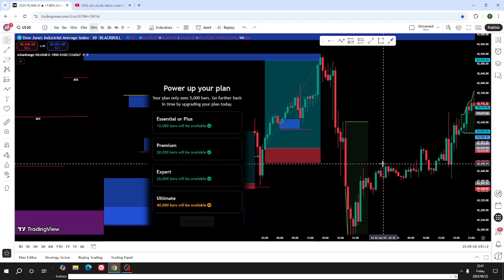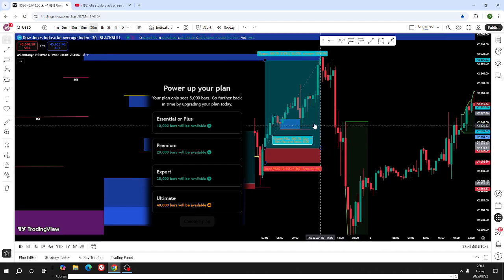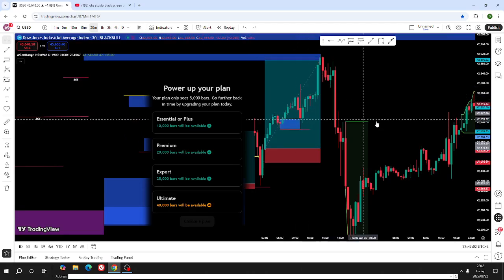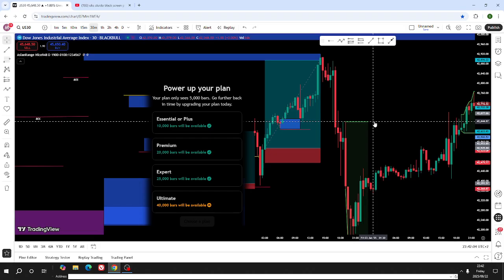And then we also saw this candlestick which was a doji on 1 hour, right? Now let's see how it looks on 30 minutes.